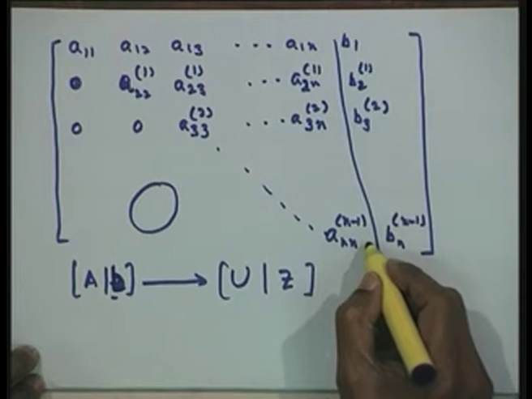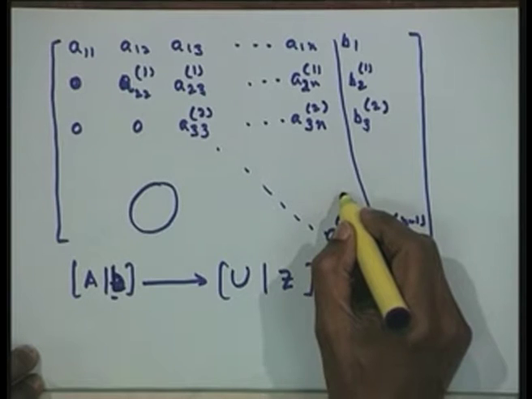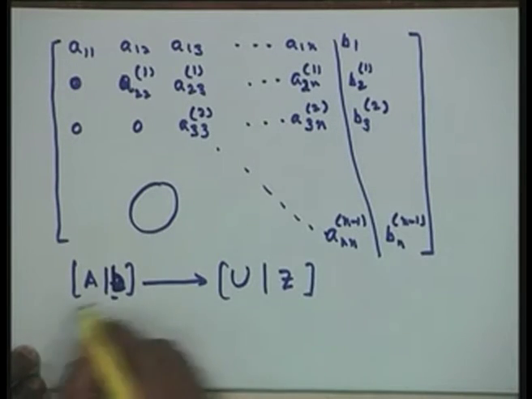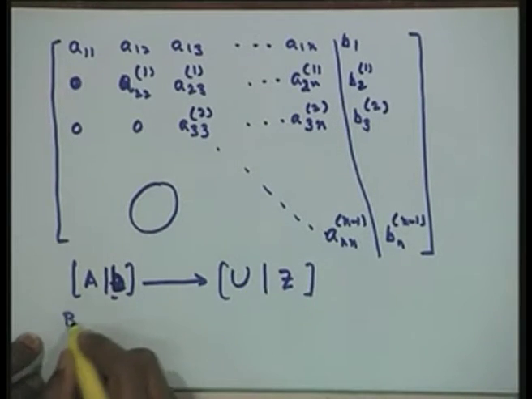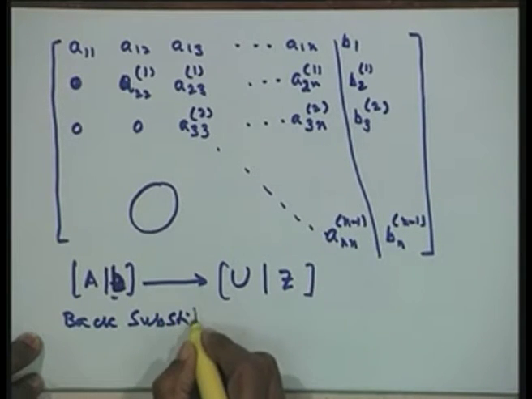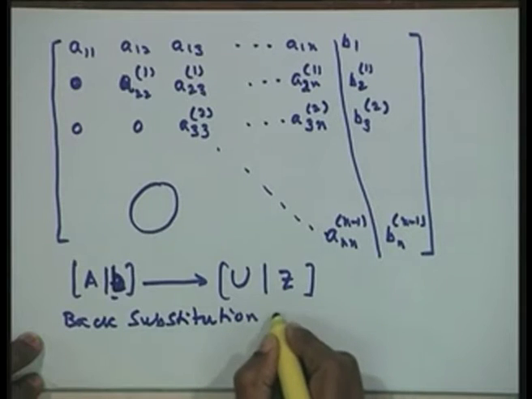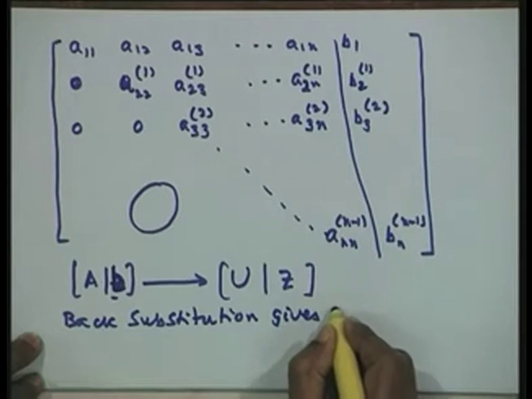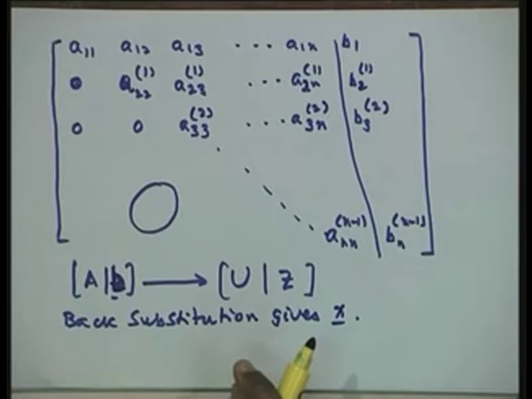So I can get the value xn from here, I can get xn minus 1 from here, and therefore back substitution gives the solution, our vector x.